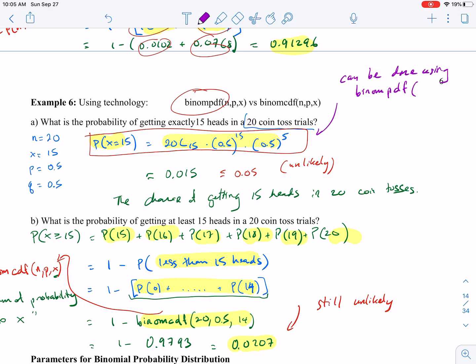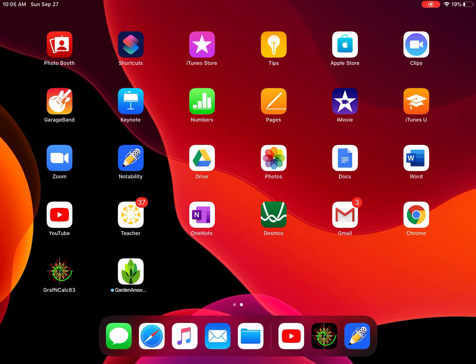So that is nPx. Okay, so in this case, to compute the exact probability of getting 15 heads out of 20 tosses, we can type in binom PDF. It's not CDF, it's PDF of 20, 0.5, and then in this case it would be 15. Okay, so we're going to type that into a calculator, and that should give us the same answer.